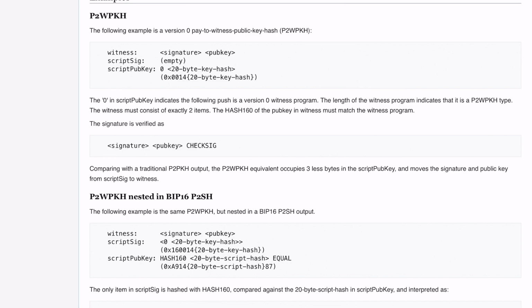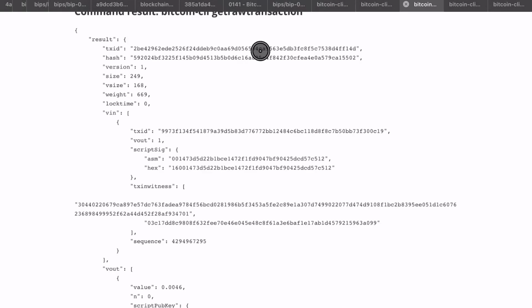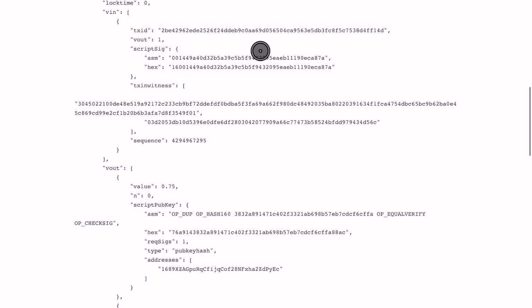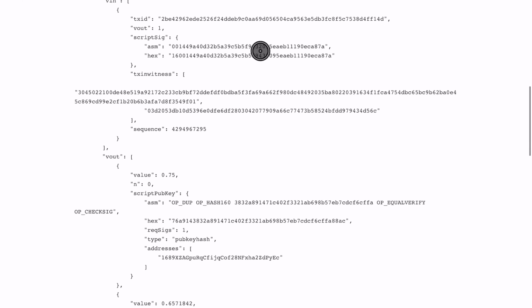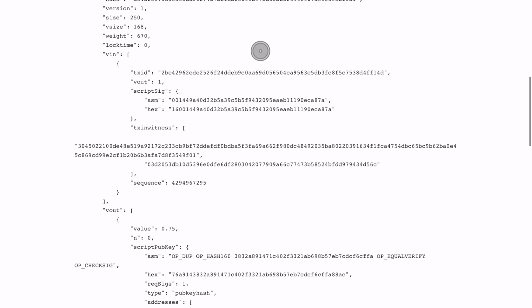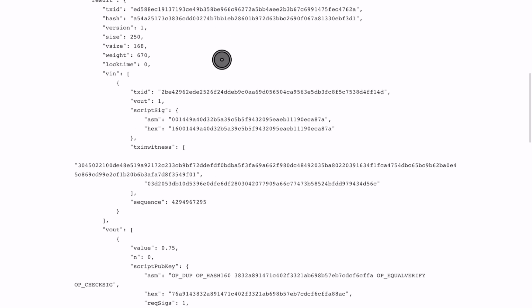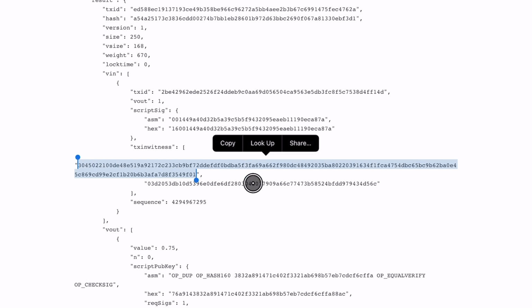And the other kind of witness, I put another example here, is this transaction. It's similar: it's referencing previous output 1, and this is the signature, and this is the public key.